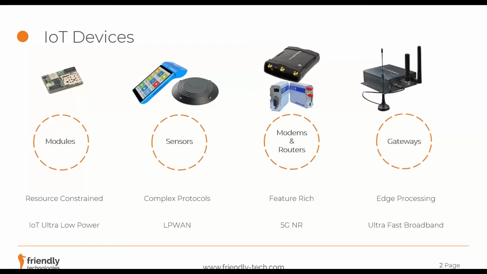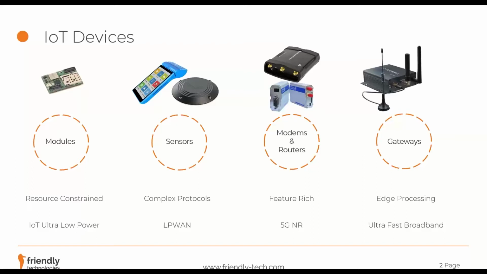So typically, there could be very small footprint, resource constraint devices, such as modules built into embedded products. There could be sensors and related. There could be modems, routers, and more feature-rich edge devices like gateways. And each of these pillars represents different features, functions, and complexity.